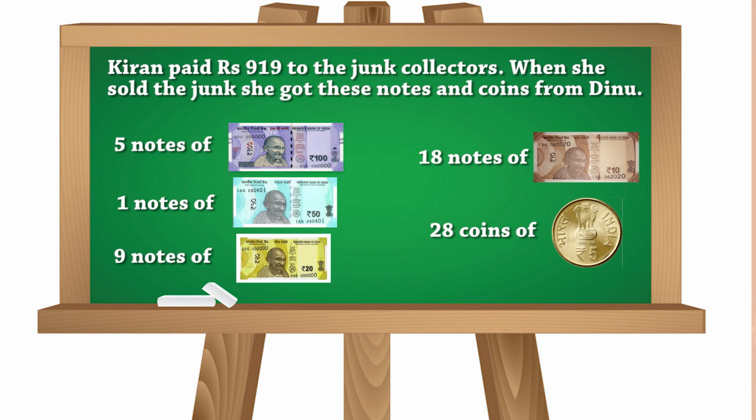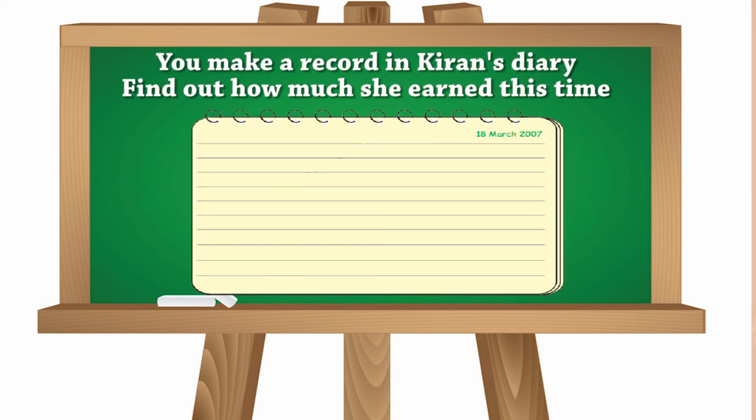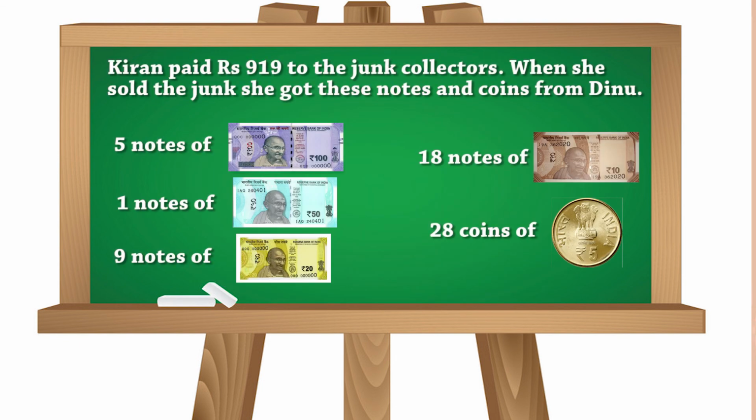Now, you make an entry in Kiran's diary stating what amount she has spent and what money she has earned. Is she making a profit in this situation or a loss? Compute the details given in this picture and then give your answers and discuss that with your parents and teachers.